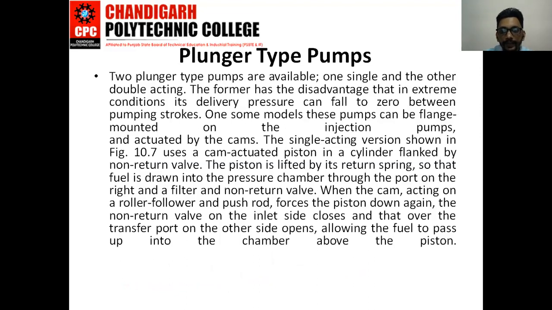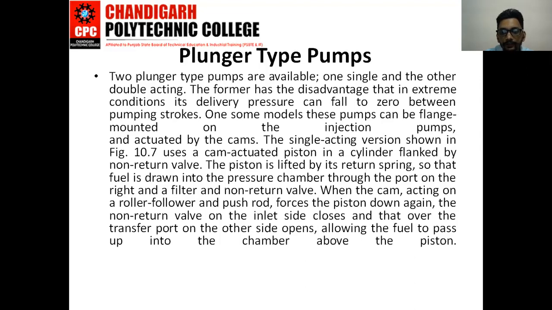The second type is the plunger type pump. Two plunger type pumps are available, one single acting and the other double acting. The former has the disadvantage that in extreme conditions its delivery pressure can fall to zero between pumping strokes. On some models, these pumps can be flange mounted on the injection pumps and actuated by the cams.